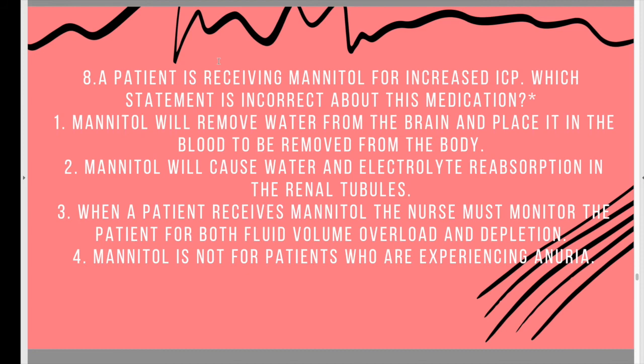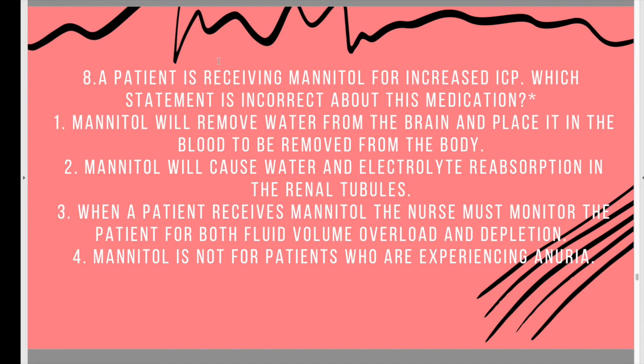So let's now answer. Mannitol will remove water from the brain and place it in the blood to be removed from the body. That is right. Mannitol will cause water and electrolyte reabsorption in the renal tubules. So for me, this is the answer. This is wrong.